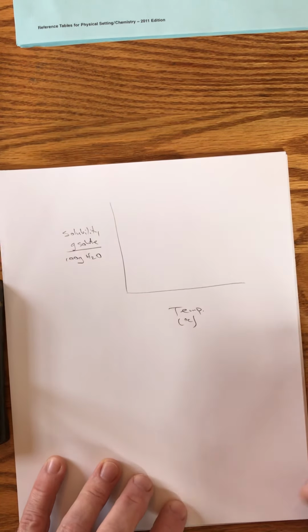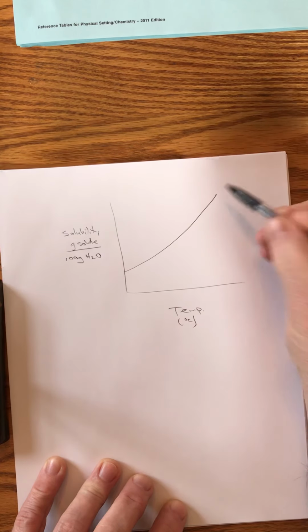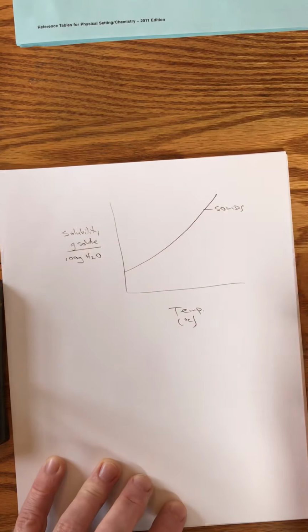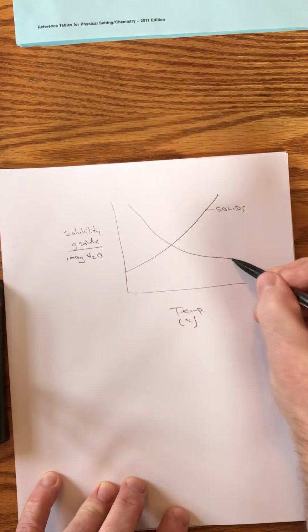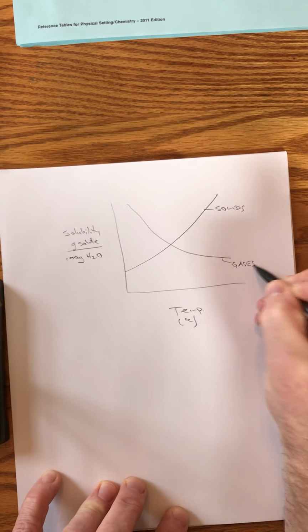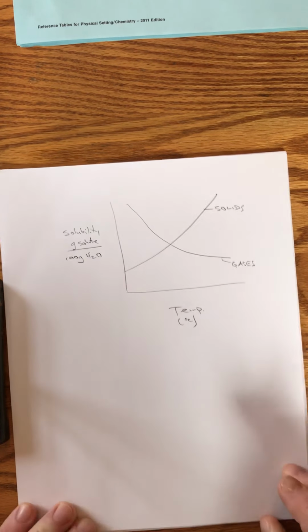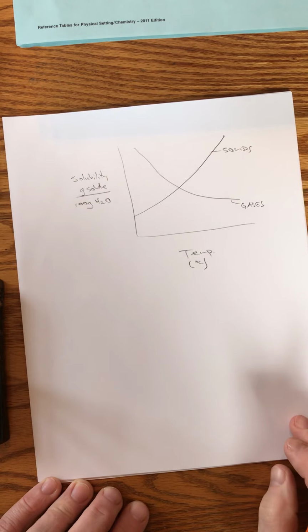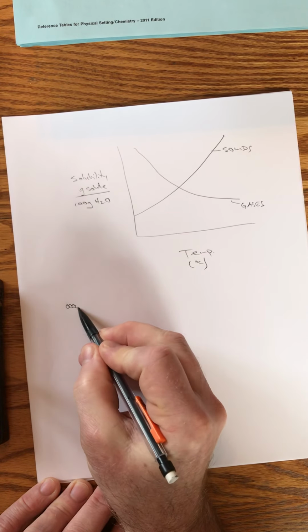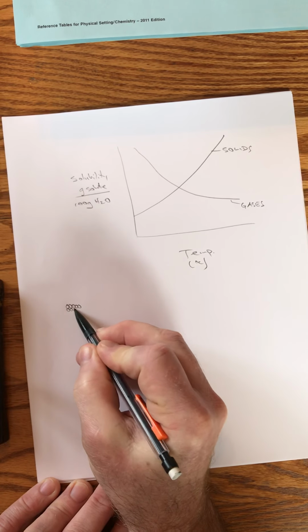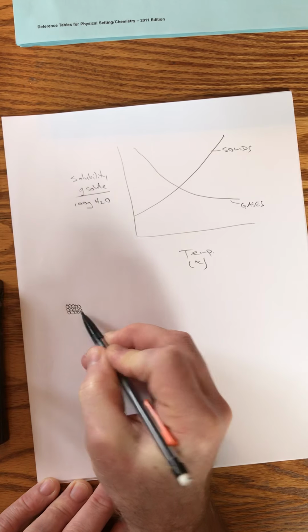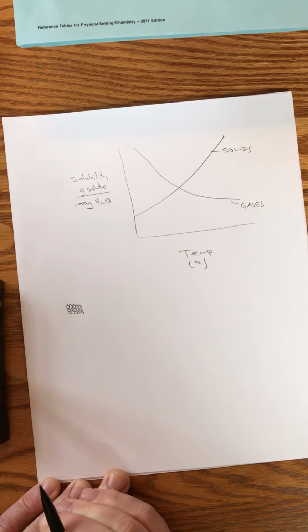One of the things you'll notice is that solids tend to have a positive slope, whereas gases tend to have a negative slope. In terms of kinetic molecular theory, why would that be true? Well, here's a solid in a regular geometric pattern called a crystal lattice, with not much ability to move other than to vibrate back and forth.